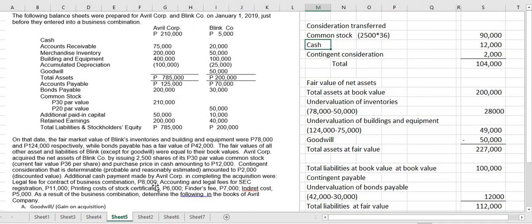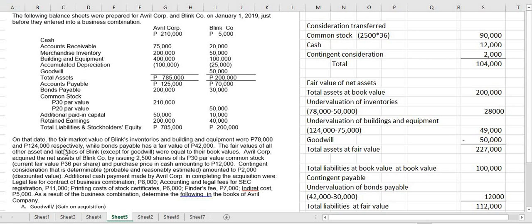Okay, so we have here the following balances. The balance sheets were prepared for Avril Corporation and Blink Corporation on January 1, 2019, just before they entered into a business combination. So take note of the balance sheets of the two entities.